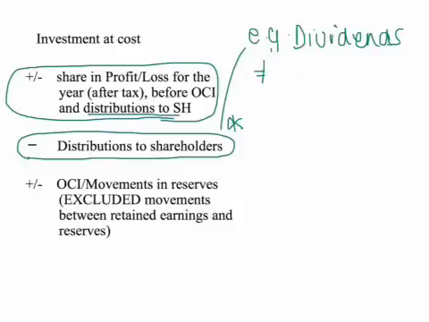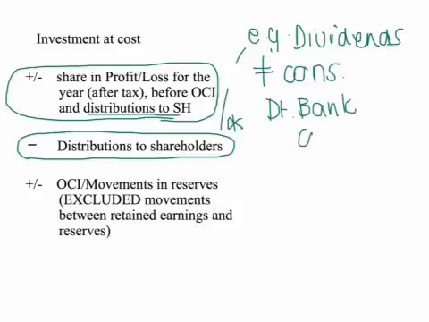So, okay, where's my pen? When the dividends are paid to the investor and they're not consolidating, so they're not a parent company, instead of posting that first journal, debit bank, credit dividend revenue, he's just going to post debit bank and credit our investment in associate line item.